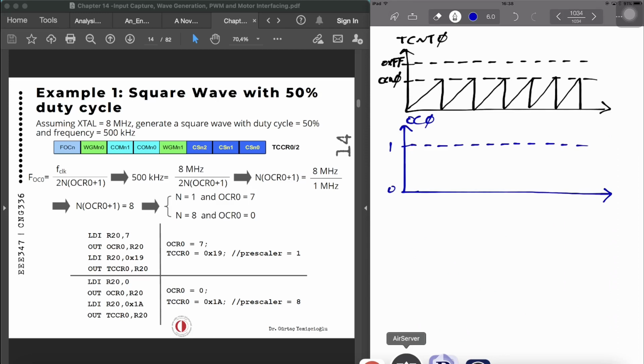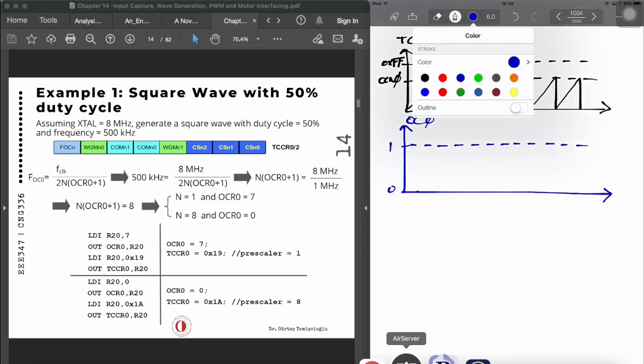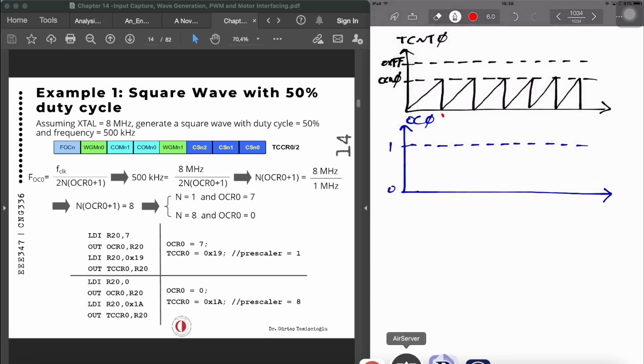So starting with these coming down, maybe I can just point those out, generating these waves.